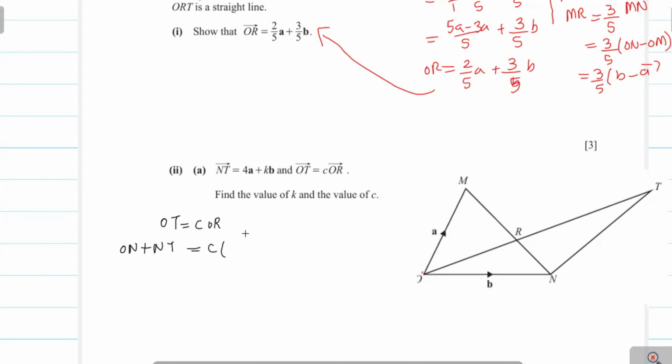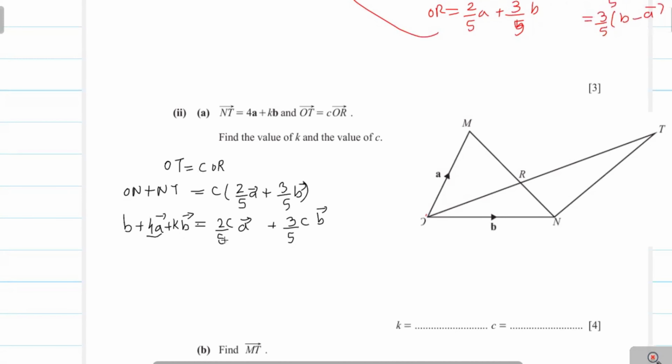OR here is 2 over 5 a plus 3 over 5 b. ON here is b. NT here is 4a plus kb, and this equals 2 over 5 c a plus 3 over 5 c b.